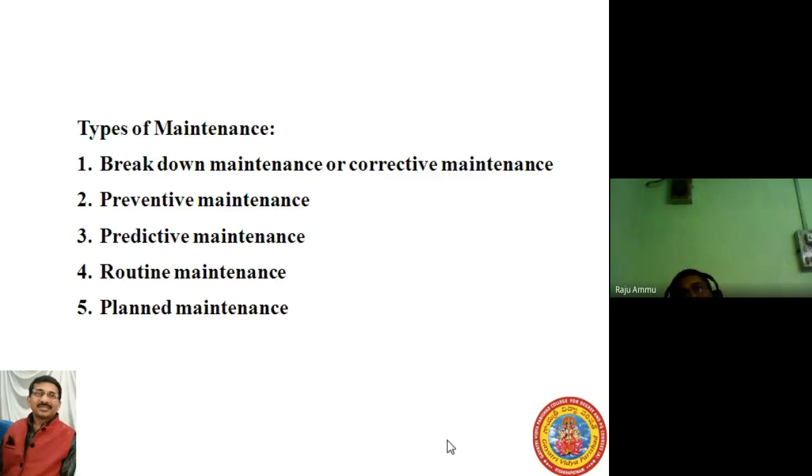Of course, you do the same things as in routine maintenance, but here you will have proper planning for maintenance. That is simply planned maintenance.